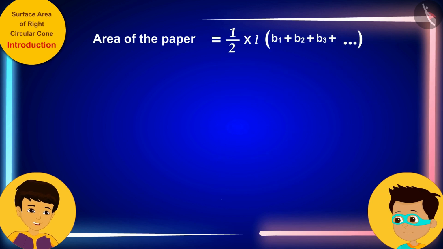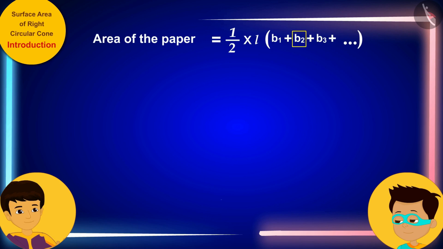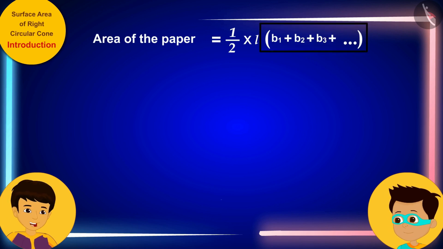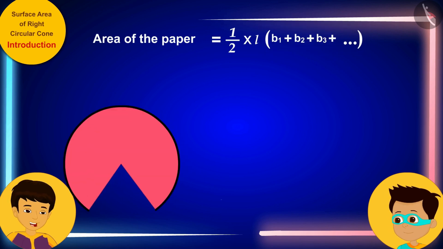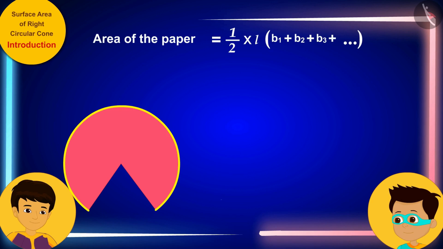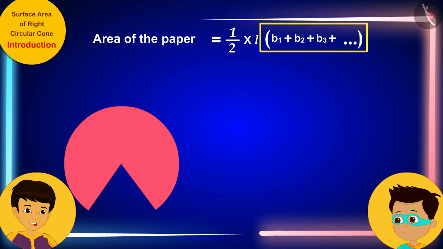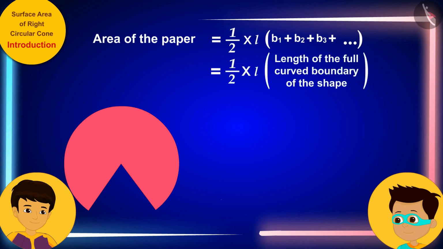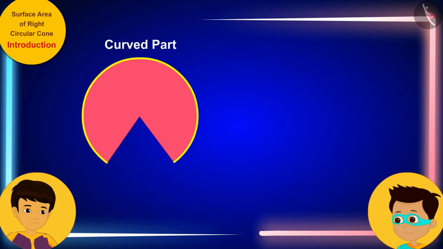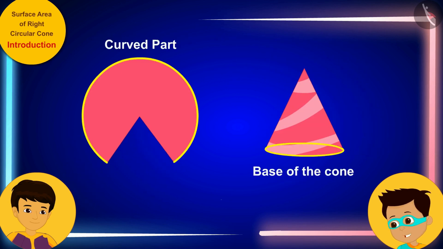But Thomas, B1, B2, B3, etc. together make up the outer part of this shape. So, the sum of all these will be equal to the length of the curved boundary of this shape. That's absolutely right. And this curved part forms the base of the cone.